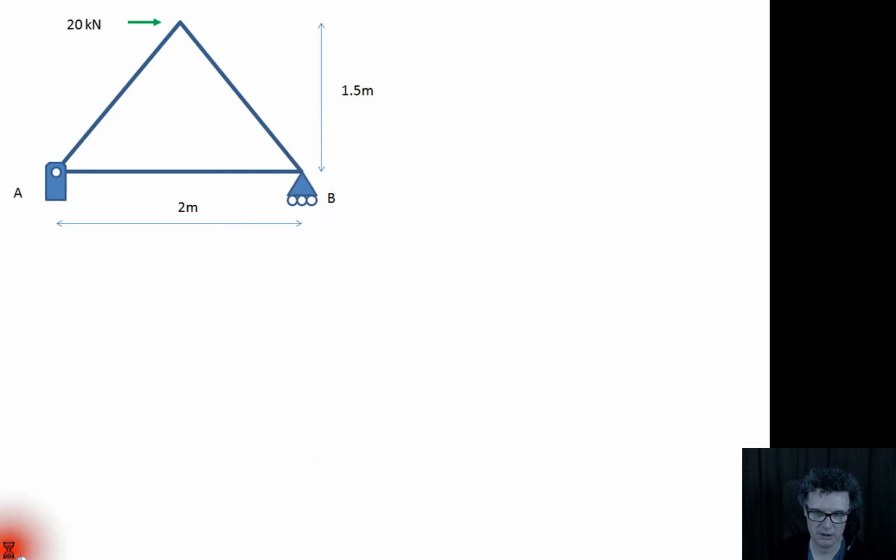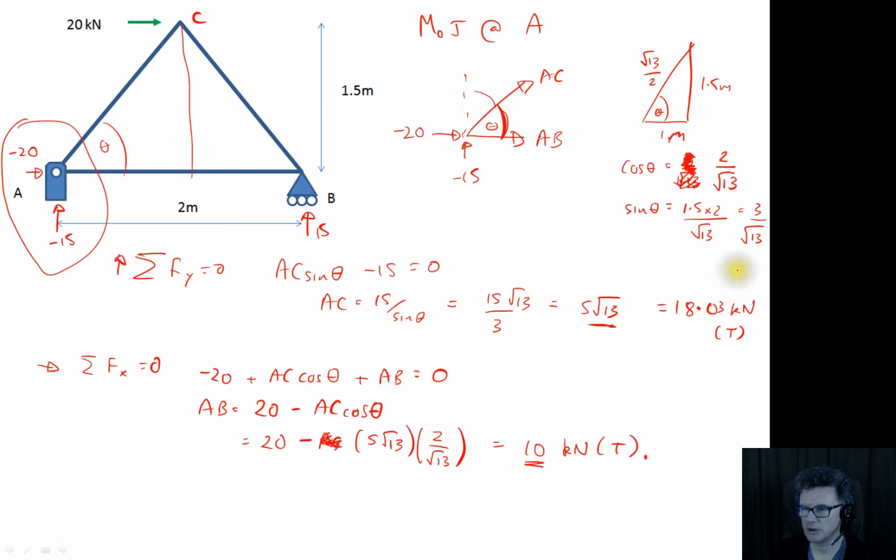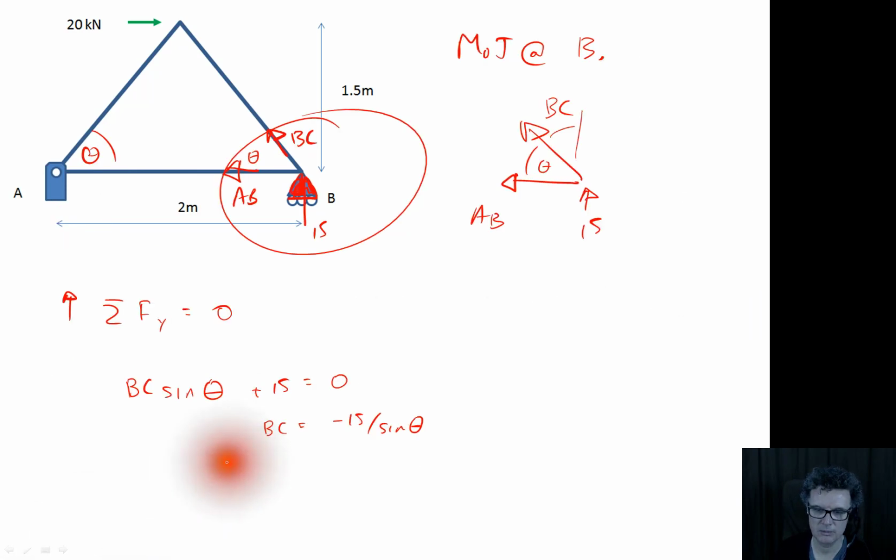Let's look back. See what sine theta is. That's 3 over root 13. So we've got 15 divided by 3. We end up with a 5.